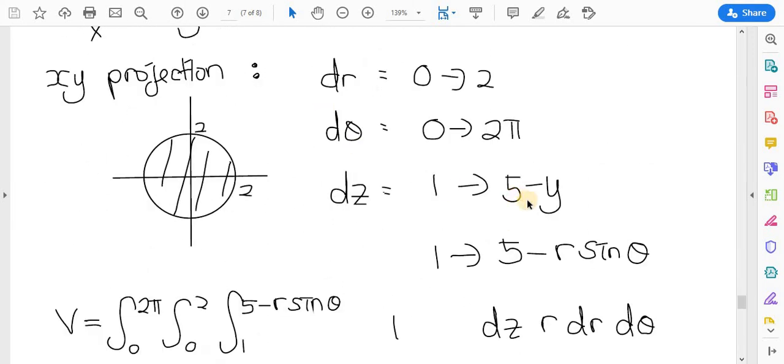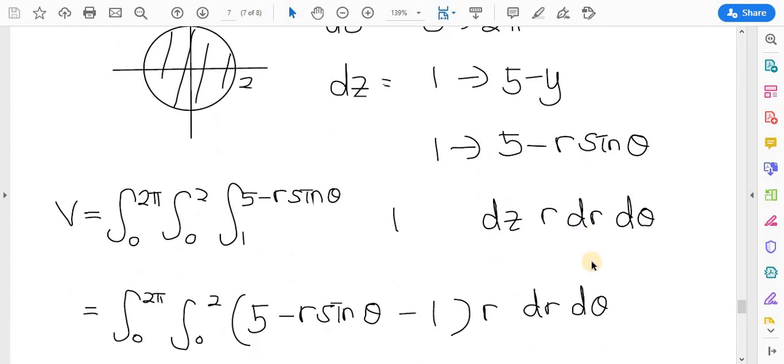Since we are solving using cylindrical coordinates, we have to convert y into r sine theta. Next I plug all the intervals into the equation for volume. This is the interval for z, remember the r dr d theta, this is the interval for r, and this is the interval for theta.